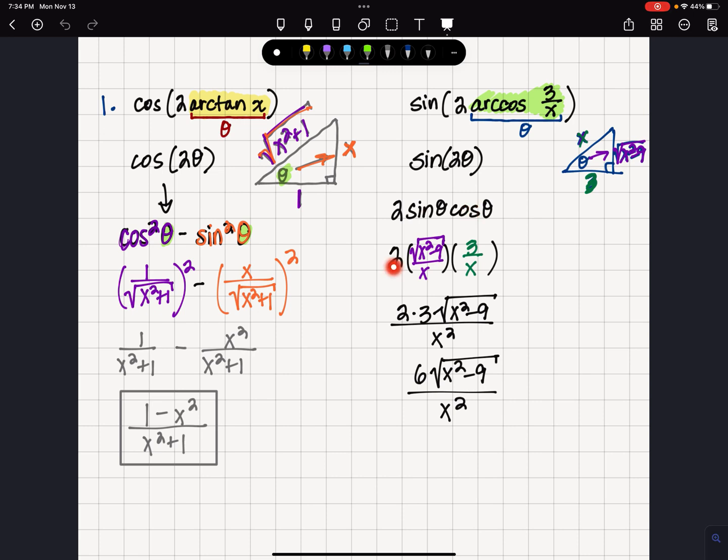So here's my 2, and then the sine of theta is opposite over hypotenuse, and the cosine of theta is adjacent over hypotenuse. And that gives me 2 times 3 is 6 times the square root of x squared minus 9 over x squared. So I believe that that's correct. I think we've got it right.